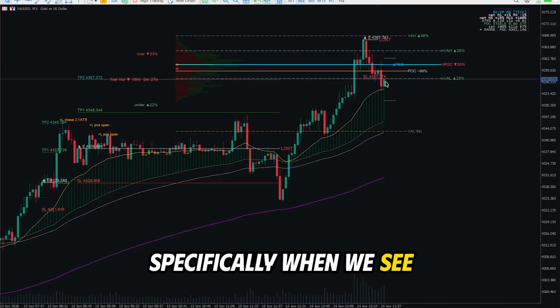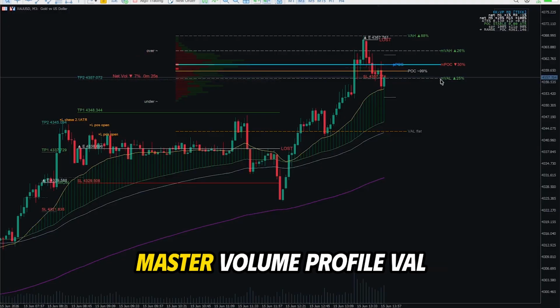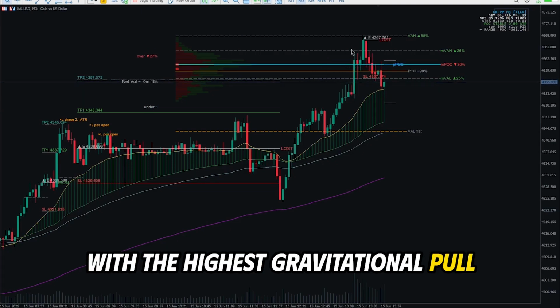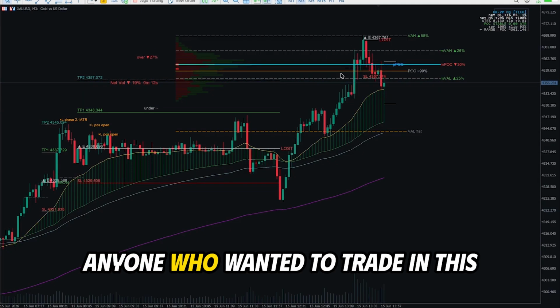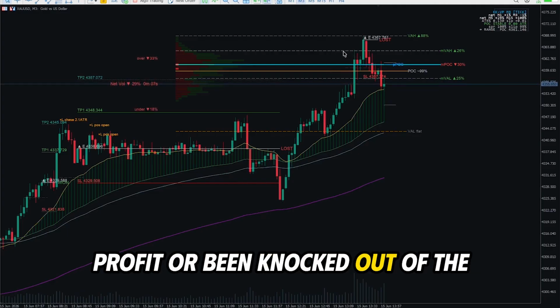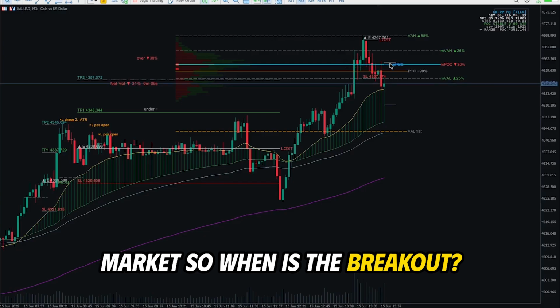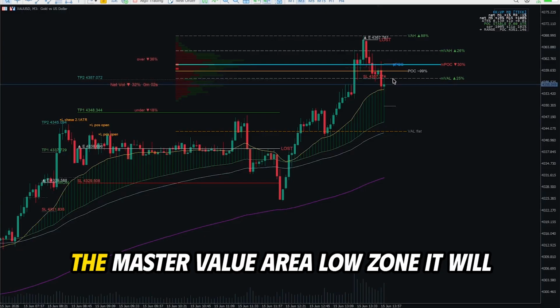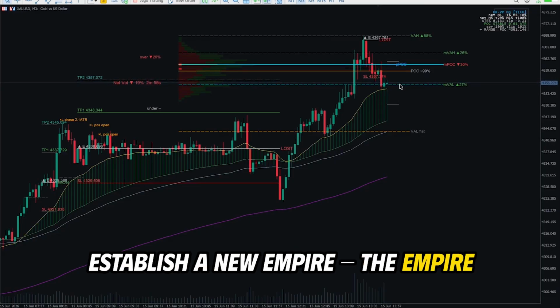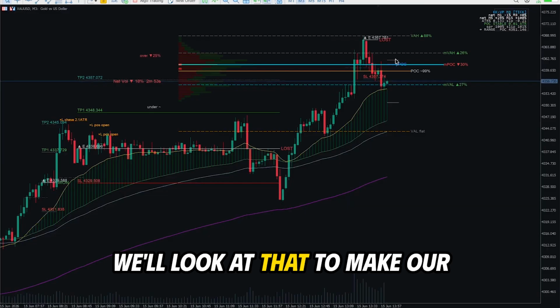Specifically, when we see price in the lower master volume profile, it means the price has swept through the zone with the highest gravitational pull. Quite likely anyone who wanted to trade in this zone has already taken profit or been knocked out of the market. So when is the breakout? When my gauge falls below the master value area low zone, it will establish a new zone, and we'll look at that to make our decision.